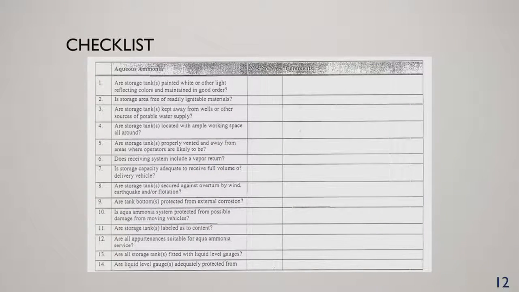Second one is a checklist, and again, another relatively straightforward approach to analyzing hazards. You're just going down a list, and really it tends to be more of a compliance-focused approach in terms of hazard analysis. So you have a pre-developed list of potential concerns. Maybe certain industries have developed checklists.